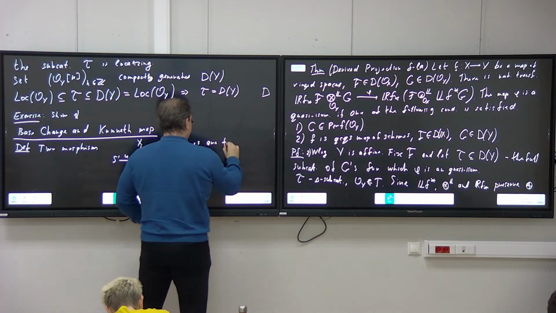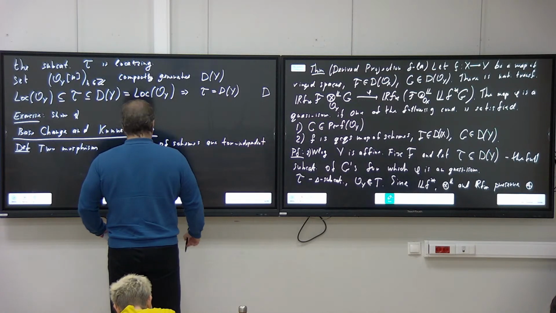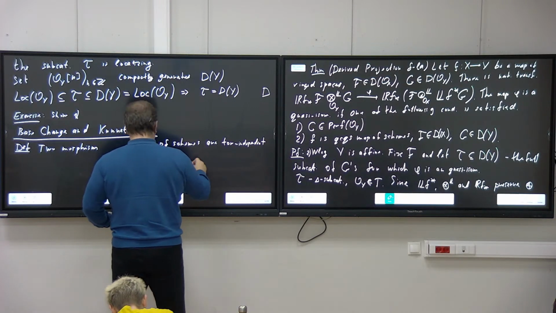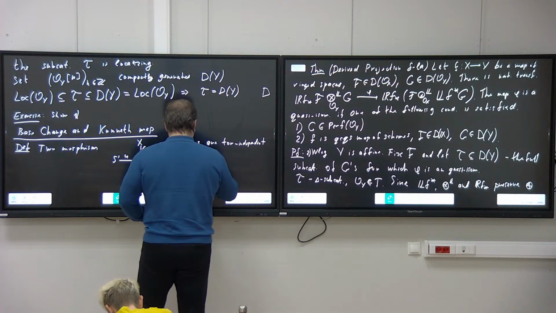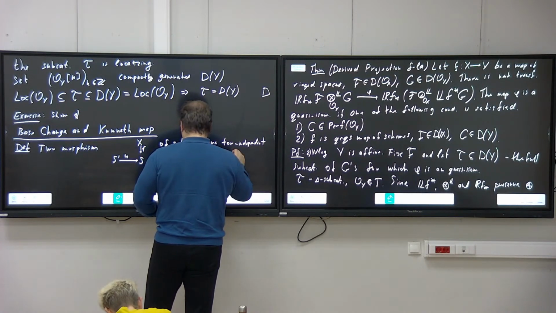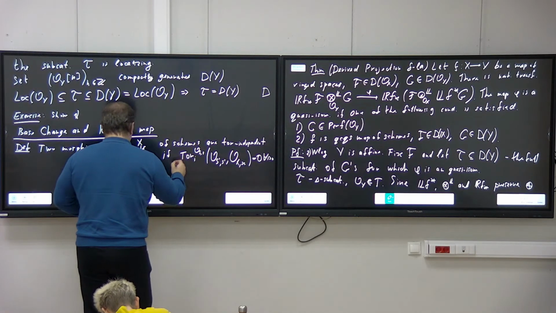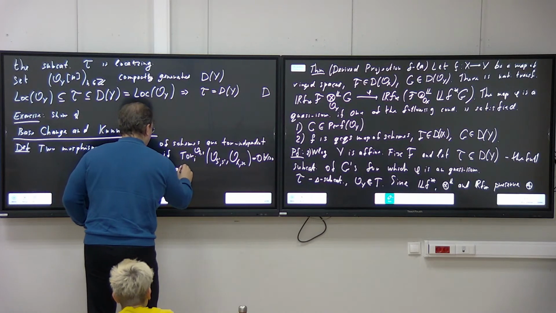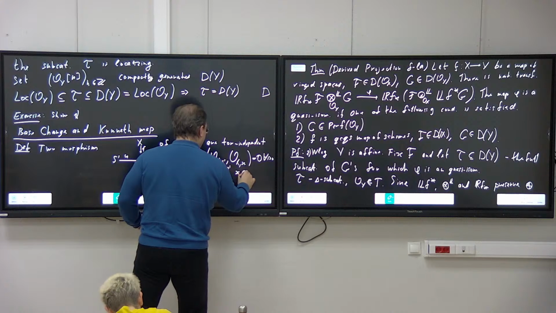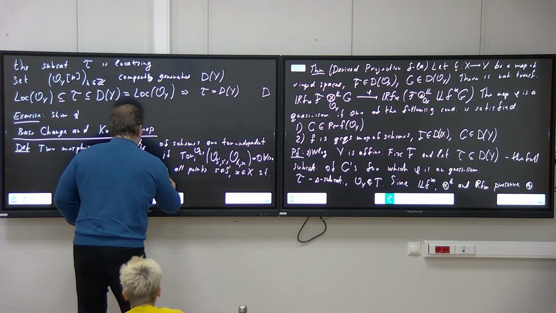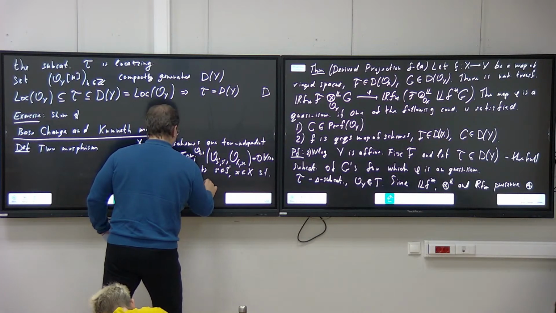are Tor independent if I have the following property: Tor with the index i over the local ring O_S, little s, between O_S', little s prime, and O_X, little x, is equal to 0 for any i positive, for all points, so in this case, of course, s prime is a point in S prime, little x is a point in X, such that U applied to s prime is equal to s, and this is also equal to F applied to little x.